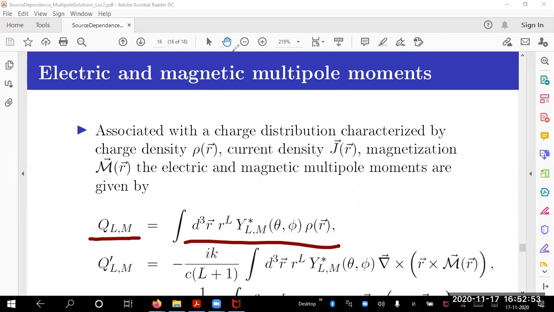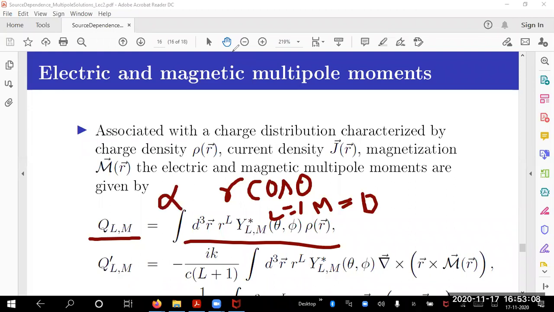What is L equal to 1? R to the power L, R is there. YLM star of theta phi is cos theta when L equal to 1 and M equal to 0, and there is an overall factor there. I will write it: d cubed r cos theta times the charge rho of r. What is r cos theta?